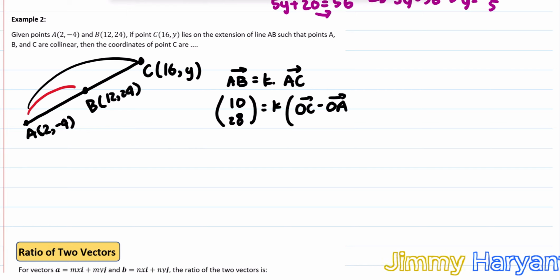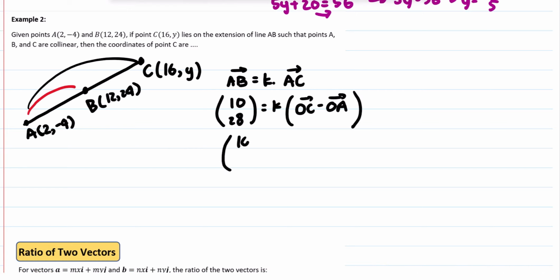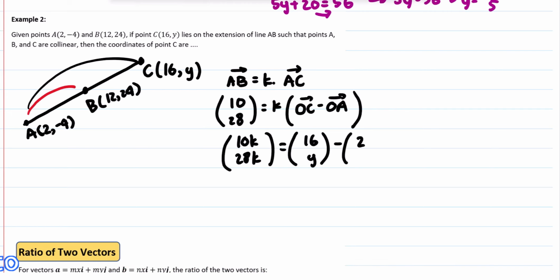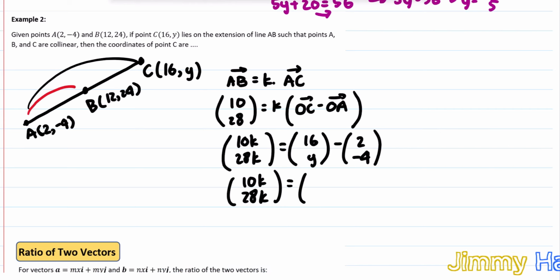And then I will multiply the K first. So I will have (10K, 28K) equals OC, which is (16, y), minus OA, which is (2, -4). So (10K, 28K) equals (14, y+4).